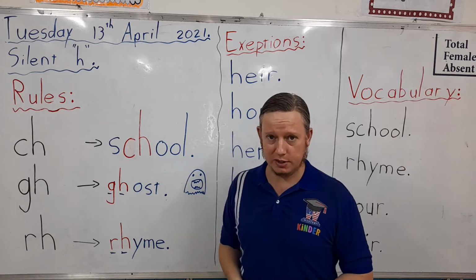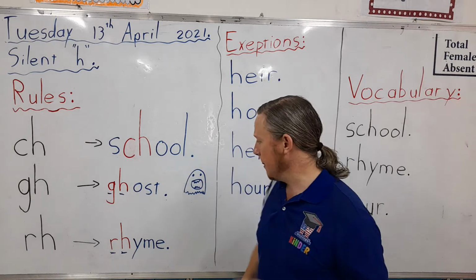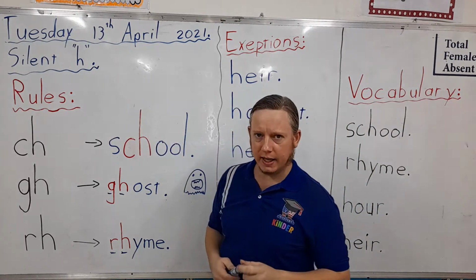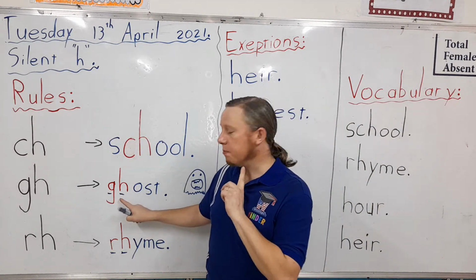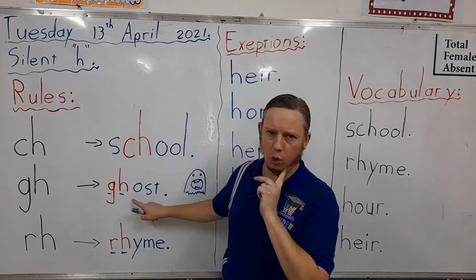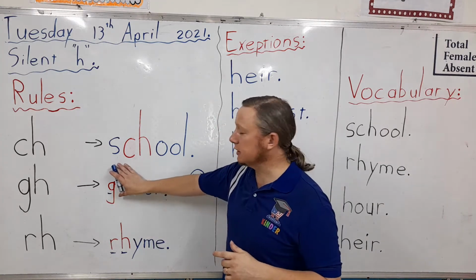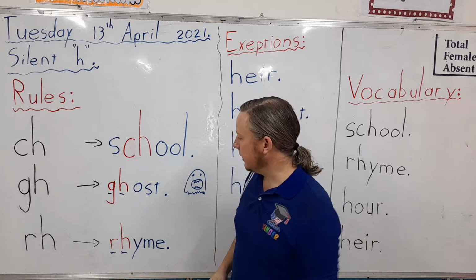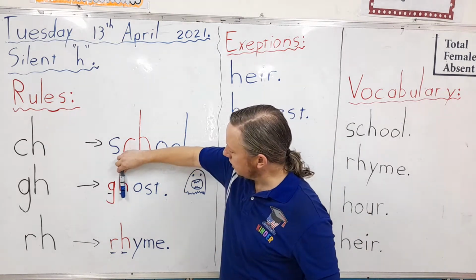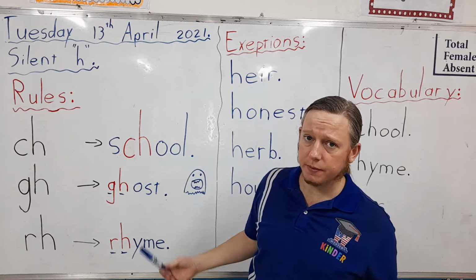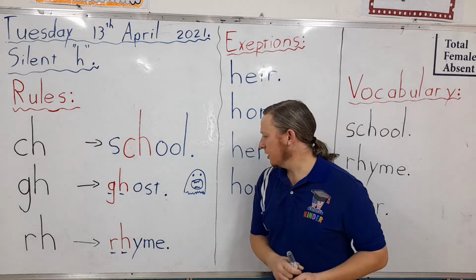We know ghosts. We've done this word many times. But what we didn't think about is the rules for the silent H. Why do we not make the sound? Ghost. What's a ghost? Okay, the H becomes silent and we do not hear it. It's a ghost. G-O-S-T. Ghost. Easy peasy.